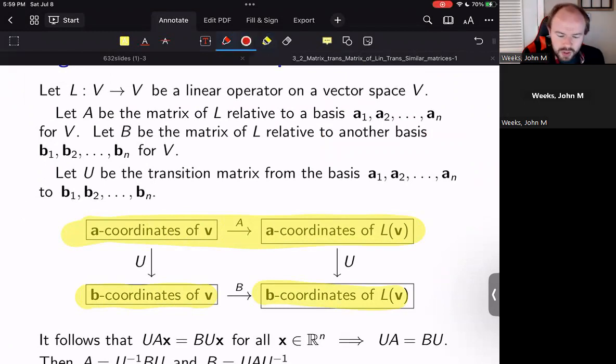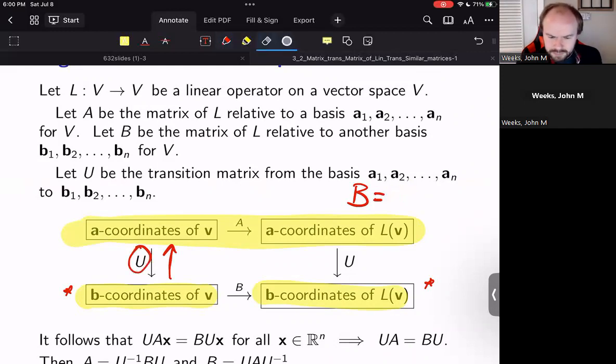Well, if we want to start with something down in here and want to end up over here, and this map is a little bit elusive to us, we'll call it B. That was the map N from before. Then what we could do to try and figure that out is we could go up real quick and call that U inverse, where U here is going to be the map given by our change of basis. This is the coordinates matrix that we would get from converting one basis into the other.